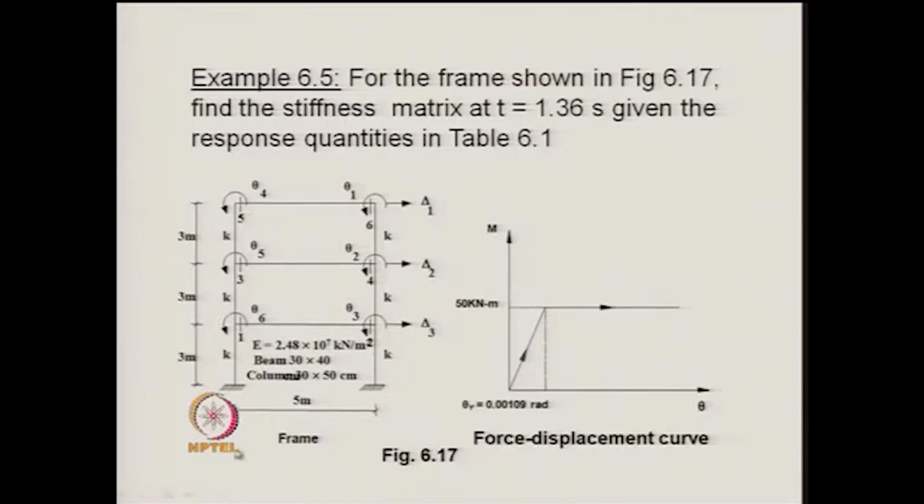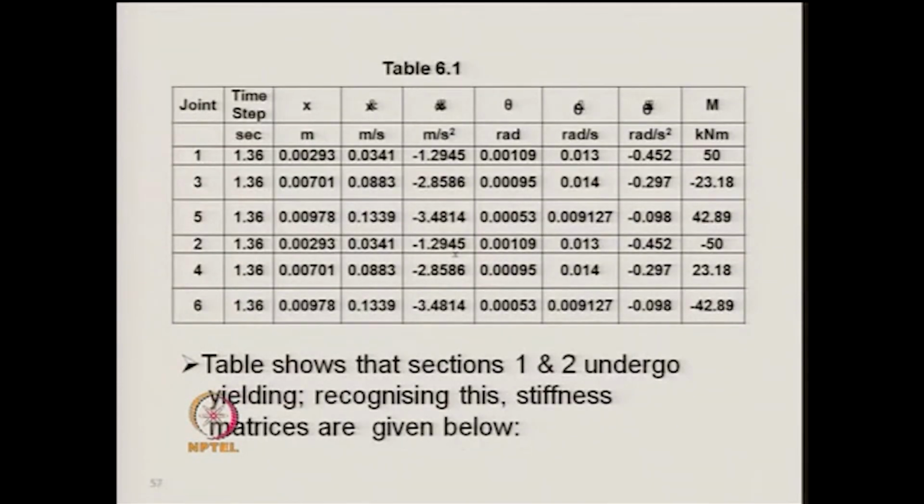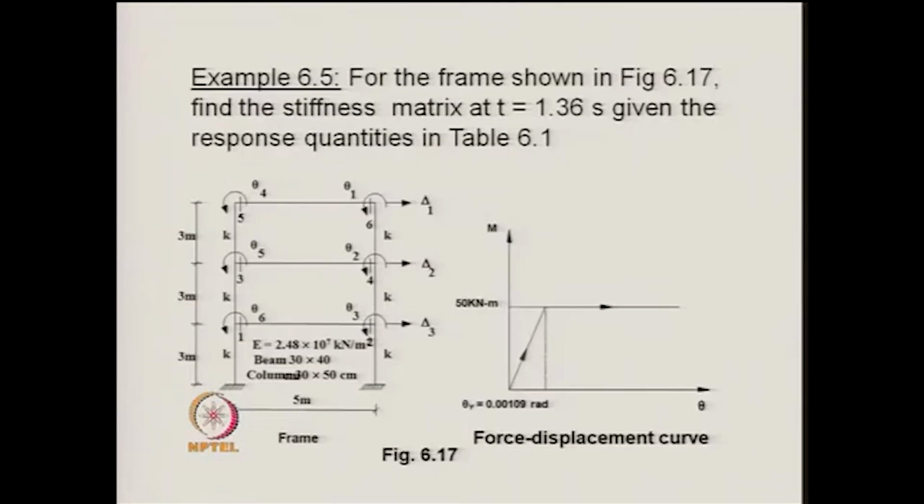We consider the values of the rotations and the displacement, and at t is equal to 1.36 second, these values are given in the following table, that is as joint 135 and 246, that is 135 are the left hand joint of the beams and the 246 are the right hand cross sections of the beam, and the left hand side is 135.